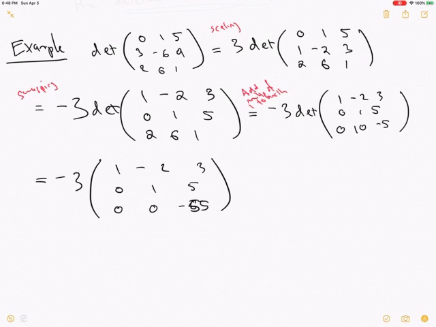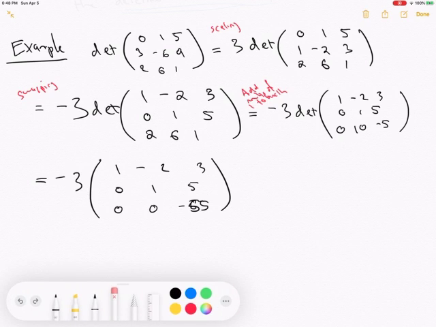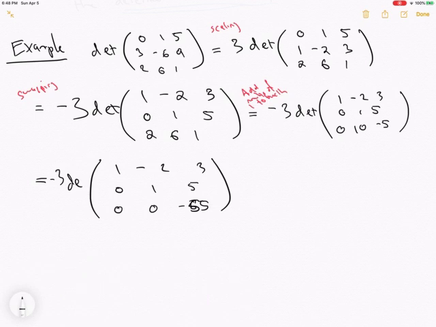Oops, I left off the determinant. It's very important. There's a determinant here: minus 3 times the determinant of this new matrix here, which is obtained by just doing an elementary row operation.